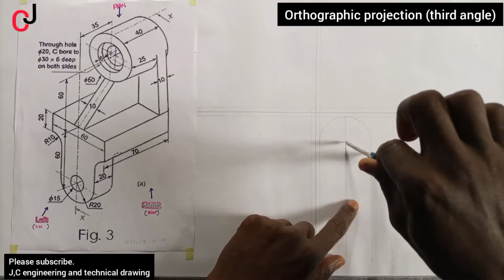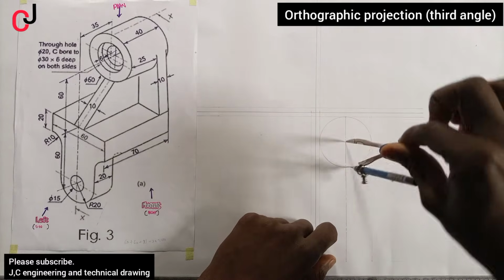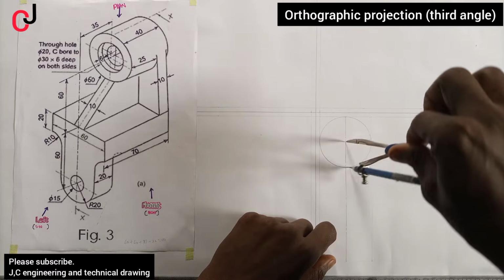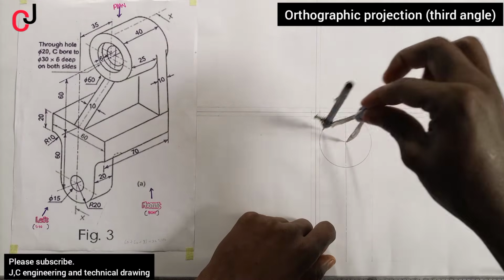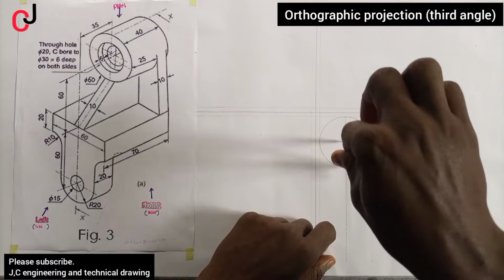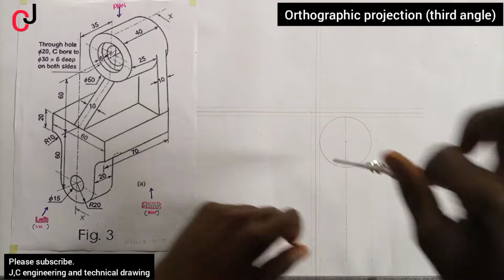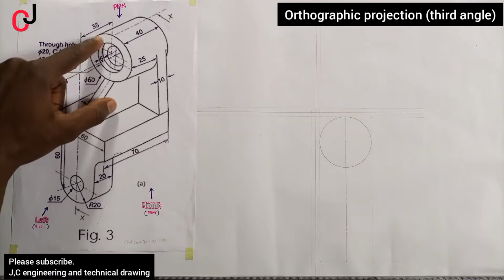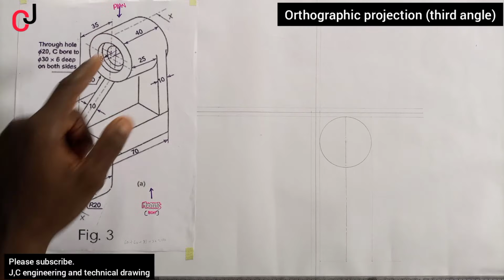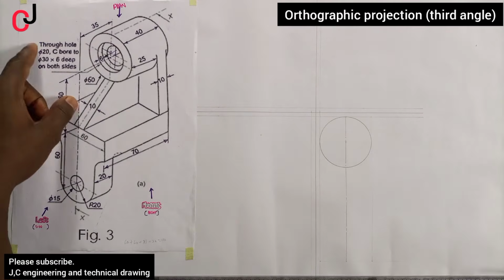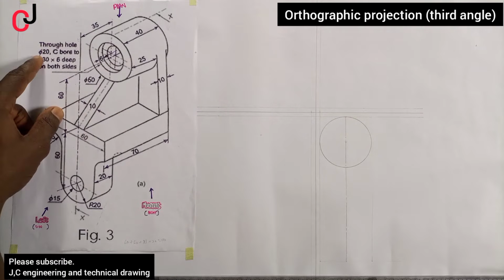draw your circle, indicating that you saw this portion. And then the next thing you see, we can see from here, a through hole, 20 diameter.